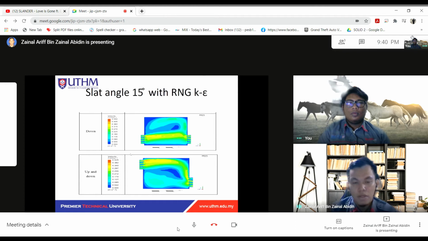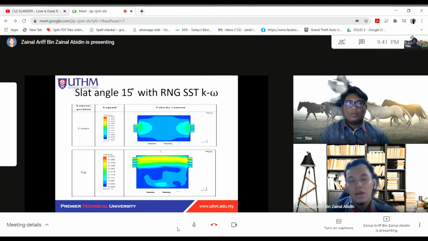From the contour, we found that with the louver placed up and down, the airflow pattern flows through all of the inside of the air ventilation. Okay, next we run with RNG, SST k-epsilon, SST k-omega.